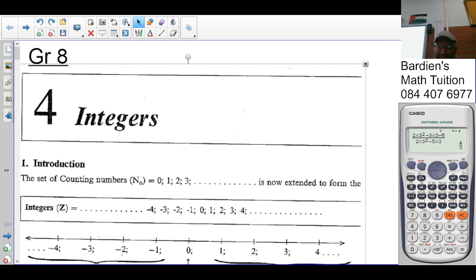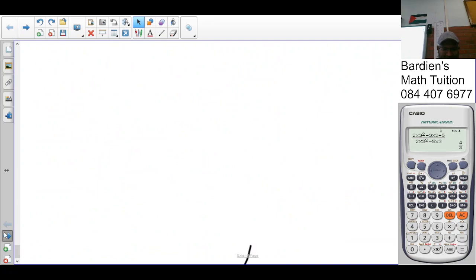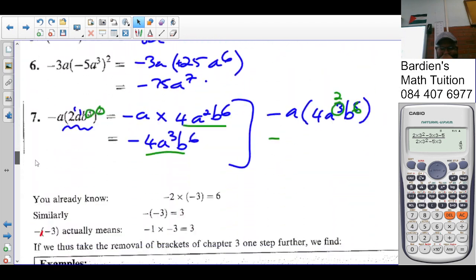Okay, this is exercise 3. But I think it's rather fair if I give you all the answers and you tell me what you want me to explain. I think that's going to be better. Okay, let's see from there. So we're on here somewhere.